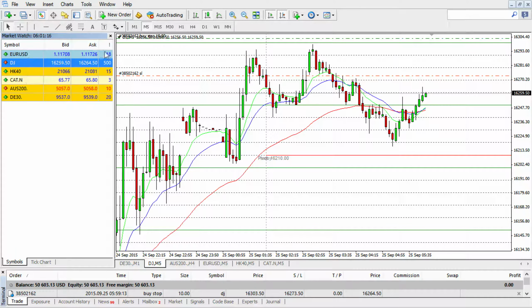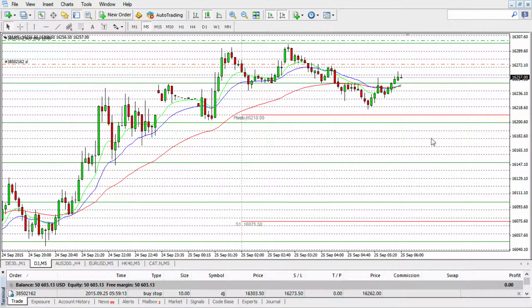You can see Euro USD, you've got 18, 19, 20, but we don't count the last zero, so that would be 1.8 to 2.0. The same with DAX, it's 2 points. So you can find the spread through different ways, and I will explain as well why you need to add the spread.